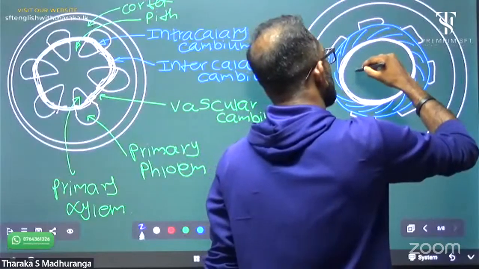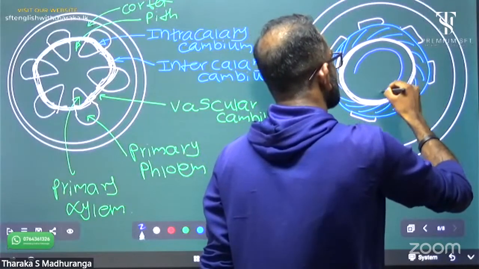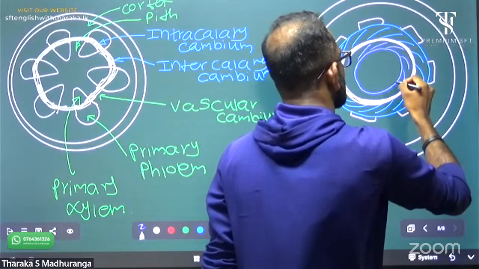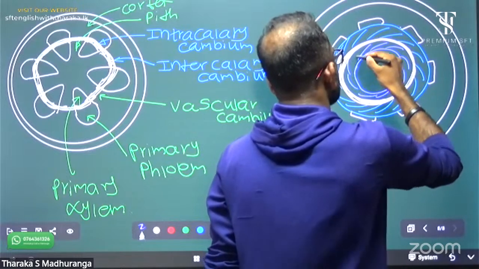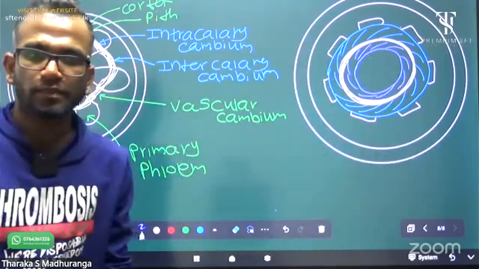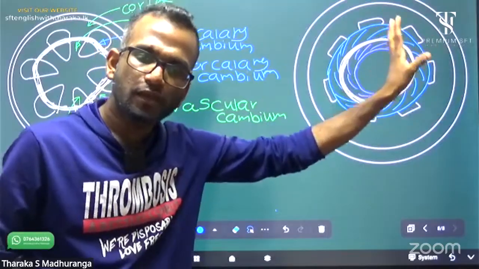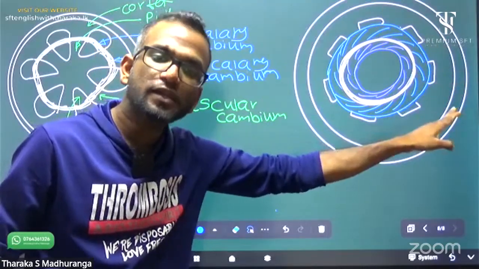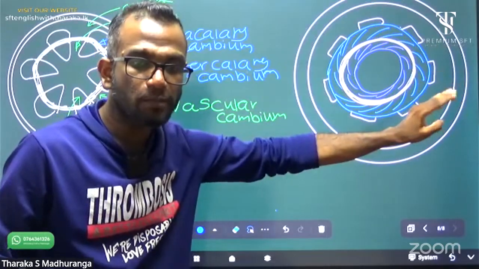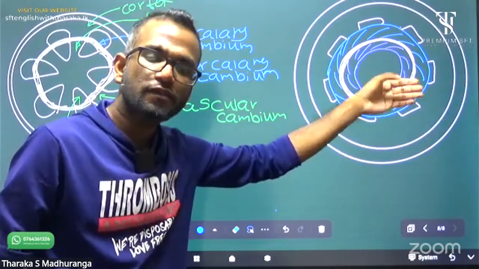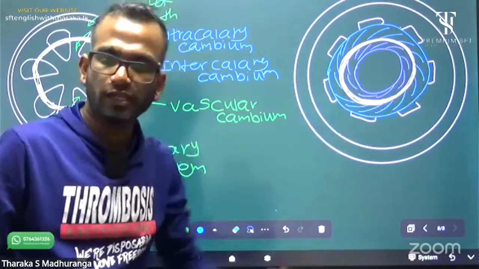vascular bundle, again a new tissue layer is developing, that we call secondary xylem. Now, the outer side of this vascular cambium, what's the name? Secondary phloem. Outside is the phloem, and inside the vascular bundle it is secondary xylem.